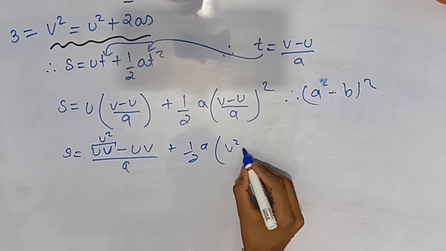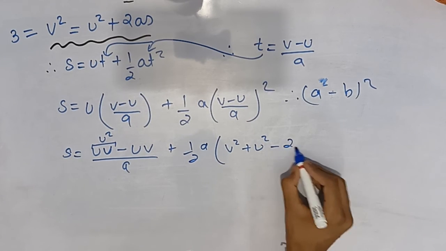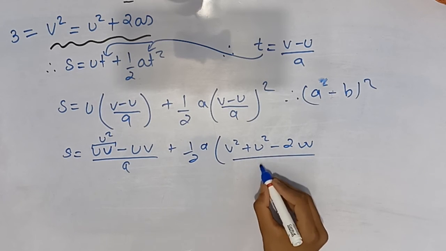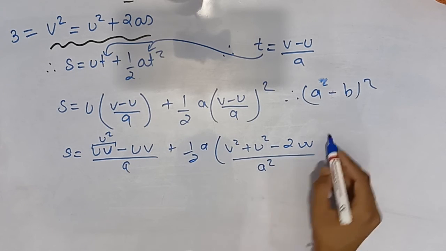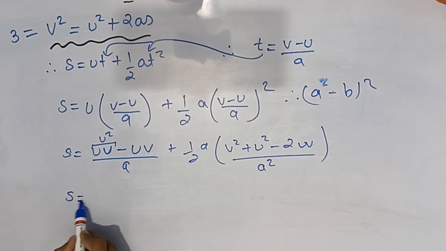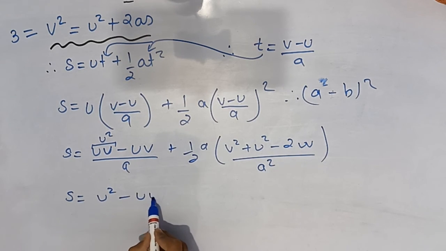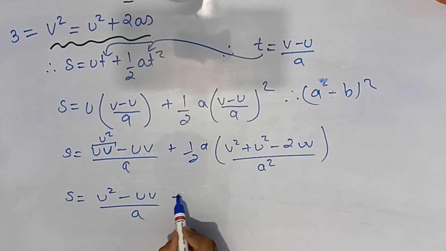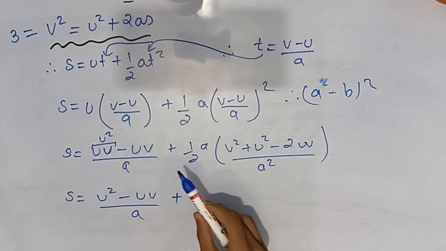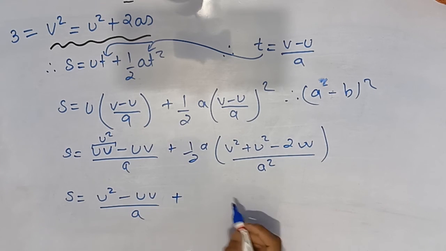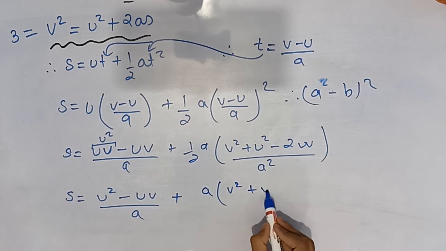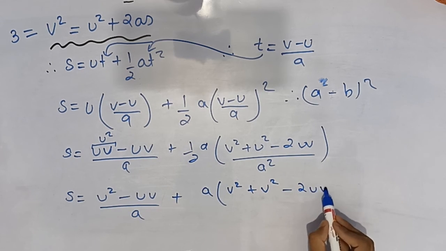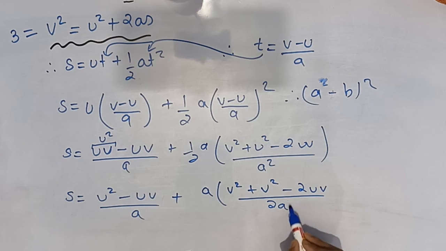So we will get v² + u² - 2uv over 2a². So s = u² - uv over a plus, sending the 1/2 inside, a(v² + u² - 2uv) over 2a². Wait, I will explain you the remaining.